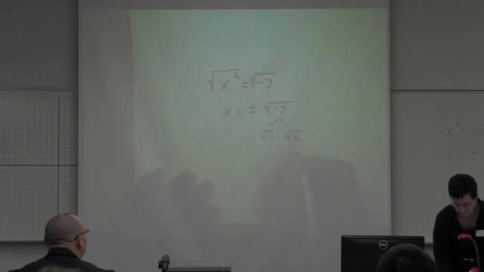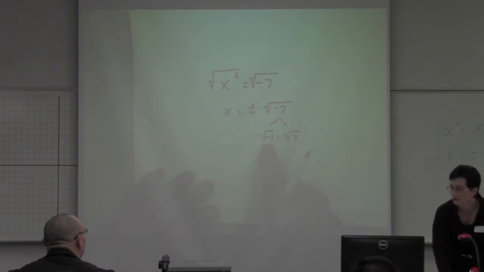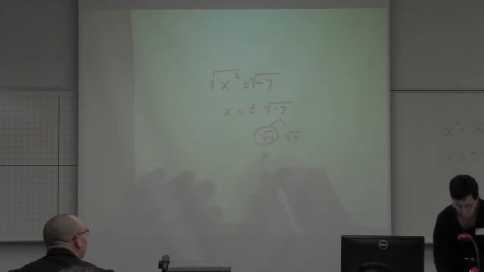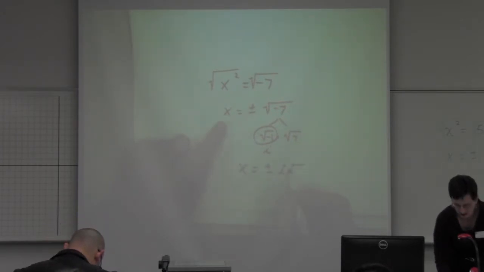Pull it out. And we're going to leave the positive part over here and the negative part over here. And by definition, what is the square root of negative 1? I. So we have x equals plus or minus i square root of 7.